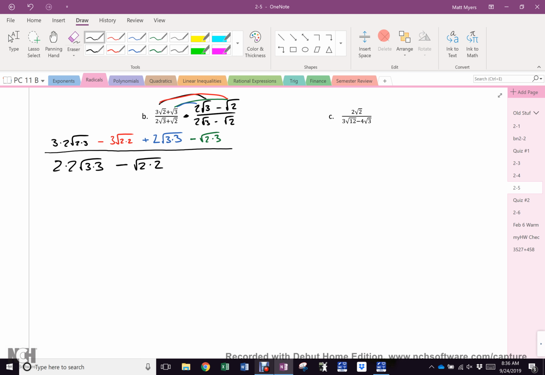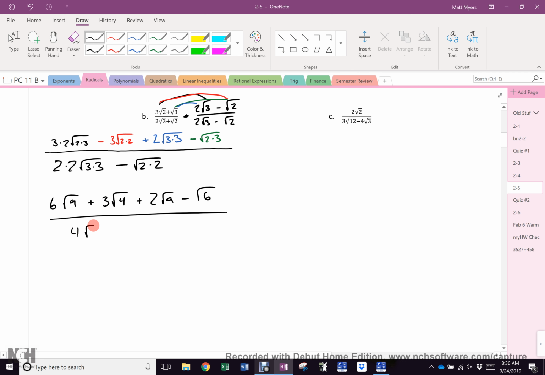Whatever. So, what am I going to get here? 6 root 9 plus 3 root 4 plus 2 root 9 minus root 6 over 4 root 9 minus root 4. Now I tidy it up. What's the root of 9? Oh, that's a 3.